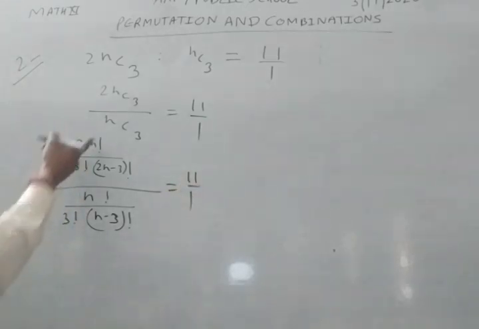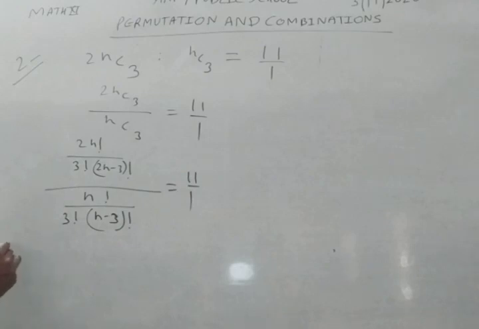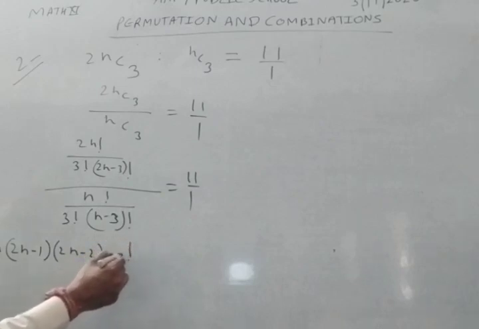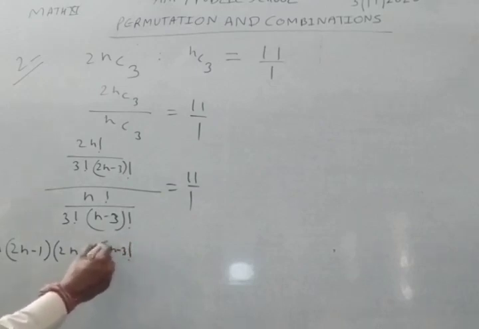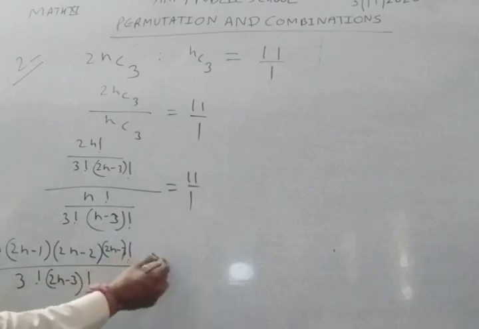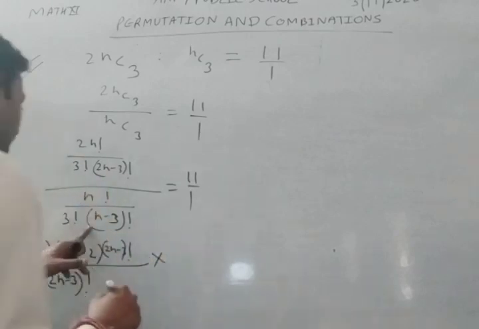Now we can write this as 2n, 2n minus 1, 2n minus 2 and factorial 2n minus 3 divided by factorial 3, and this is factorial 2n minus 3. Now we write this term to the above.